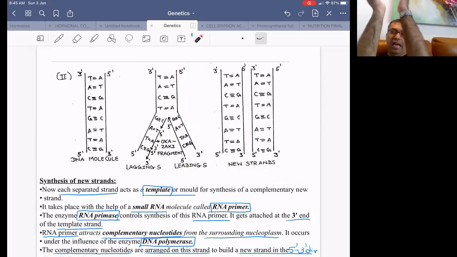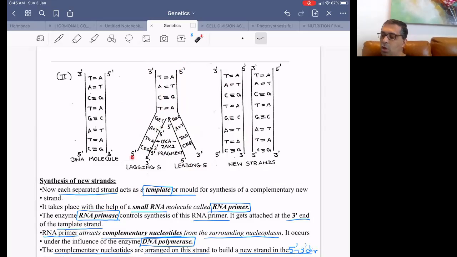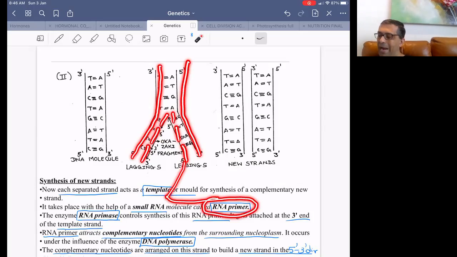RNA. तो ये है दोनों separated strands, और यहां बनता है आरएनए प्राइमर मॉलिक्यूल। तो ये है आपका टेम्पलेट, ये है टेम्पलेट, और यहां बनता है मॉलिक्यूल्स कॉल्ड आरएनए प्राइमर मॉलिक्यूल। एंड आरएनए प्राइमर मॉलिक्यूल्स आर मेड विद द हेल्प ऑफ एन एंजाइम कॉल्ड आरएनए प्राइमेज एंजाइम. Primase enzyme helps in the making of RNA primer molecule.